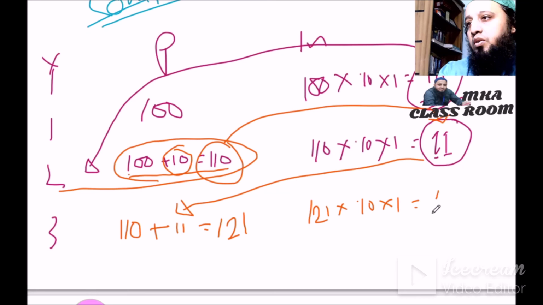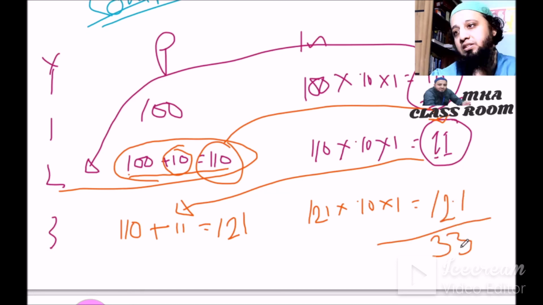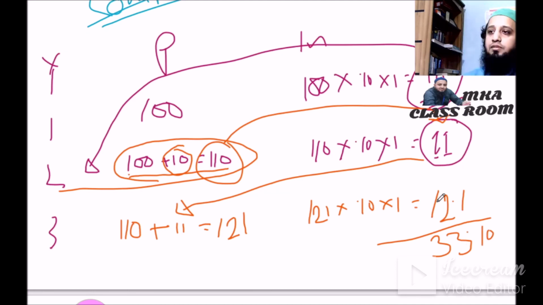That is our interest. Now you will see our total interest is 10, 11, 12.1, that means 33.10 taka.